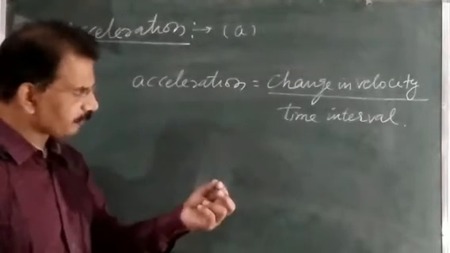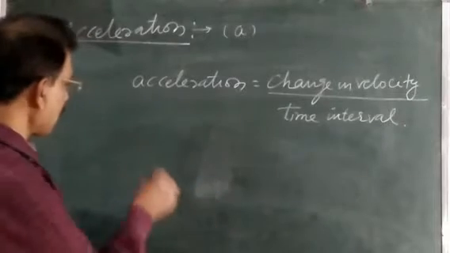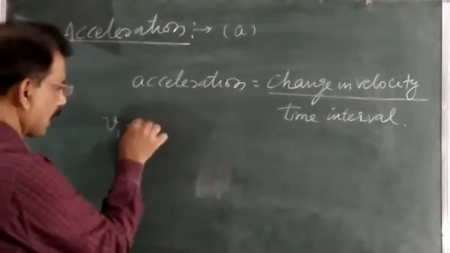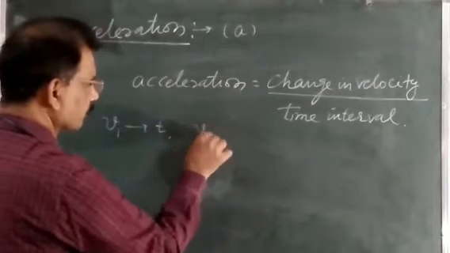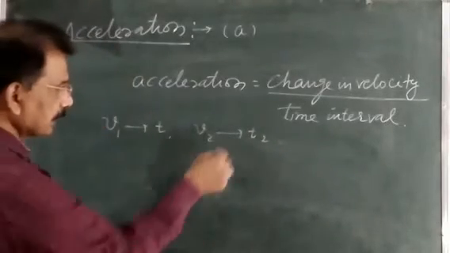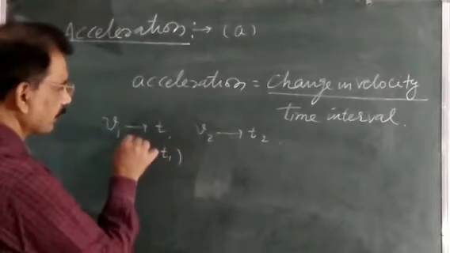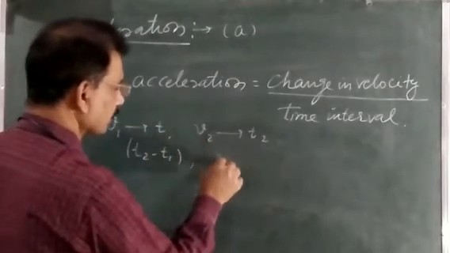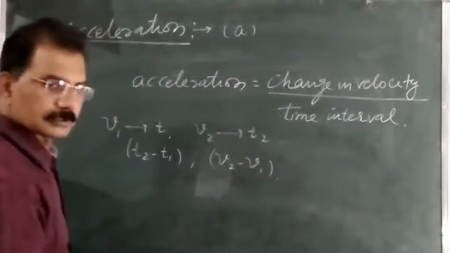Suppose with respect to any reference point, at time t1 the velocity of an object is v1, and the velocity becomes v2 at time t2. So in the time interval t2 minus t1, the change in velocity becomes v2 minus v1.